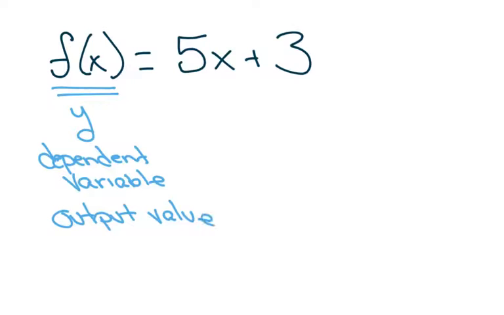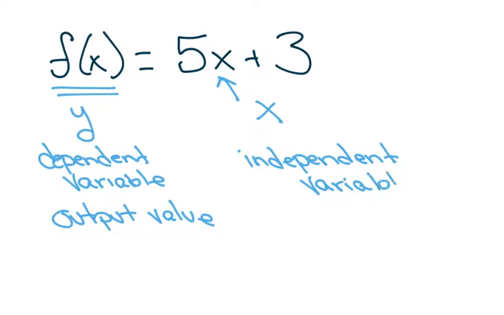So again, your y value, your dependent variable, or your output variable. Okay, versus this guy right here, your x, it is your independent variable. Okay, and it is known as your input. That's where we input our values in order to figure out then what our output would be over here.